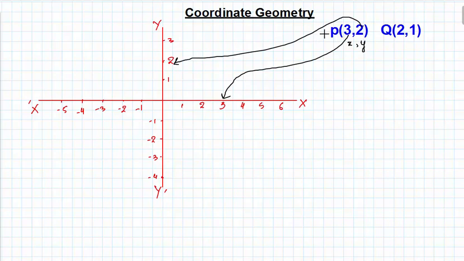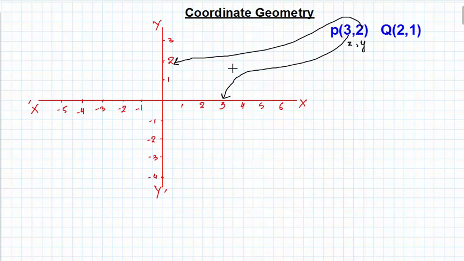It means the 2 coordinates of point P are 3 and 2, meaning 3 on the x-axis positive and 2 on the y-axis positive.